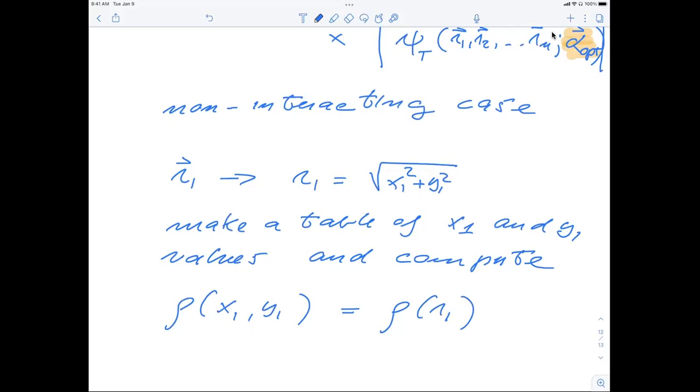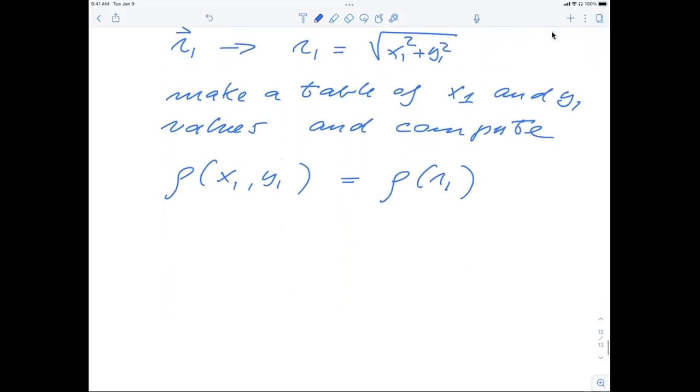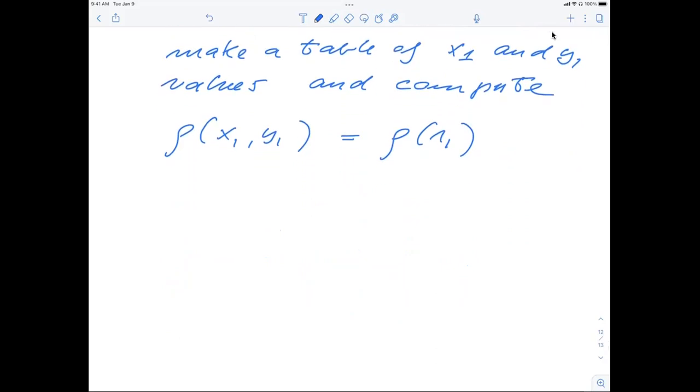You're not calculating the vector r1, but you're simply calculating the absolute value. And remember now that we are assuming that this is a wave function for the single particle degrees of freedom, which is isotropic in the angles. So it's isotropic in space, which means that it has the same value as a function of the angle.